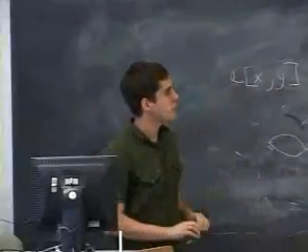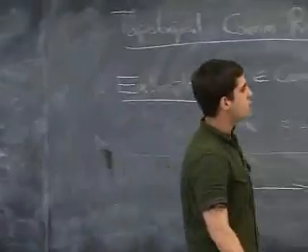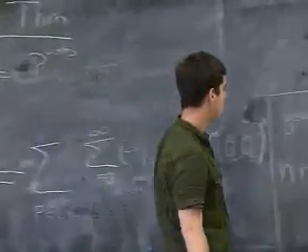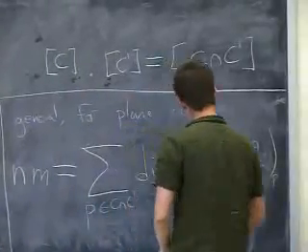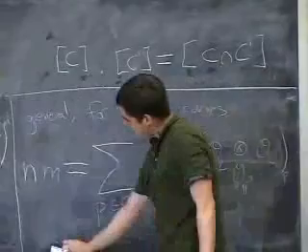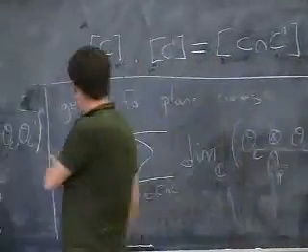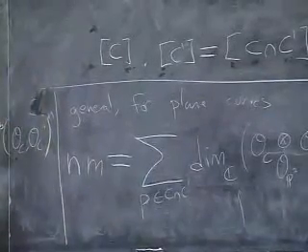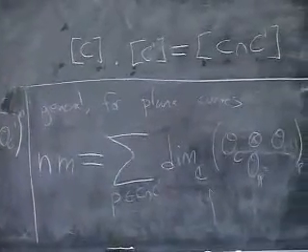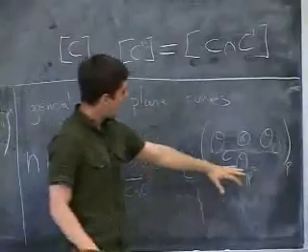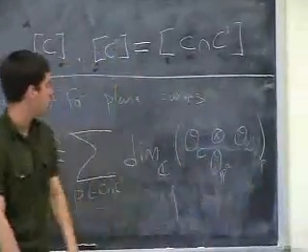So let's return to this formula over here, this naive formula for the intersection multiplicities, which only counted the dimension of the Tor 0 term.